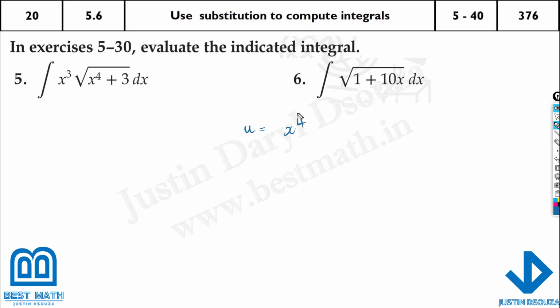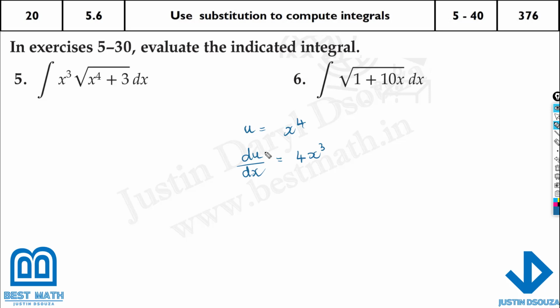Let us derive this. When I derive this, it will be du divided by dx, because with respect to x, I'm going to differentiate it. This is going to be 4x to the power 3. This is differentiation, not integration. Integral is what we are solving. Integration is what we are doing. But in order to do that, this u substitution involves differentiation at the beginning.